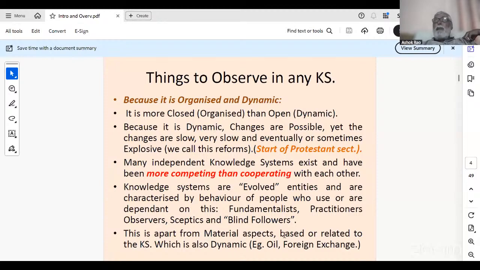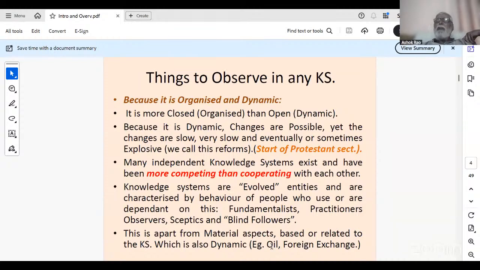This is apart from the material aspect, based on or related to the knowledge system, which is also dynamic. Today, for example, everybody is worried about the price of petrol or diesel. Were we worried about this 50 years back? No, because nobody had two-wheelers. Will we be worried about this after another 30 years?